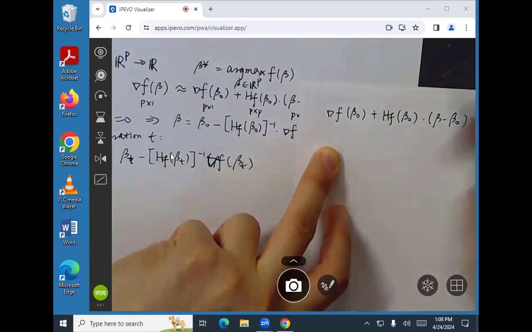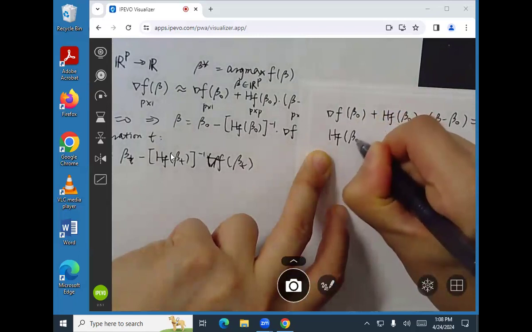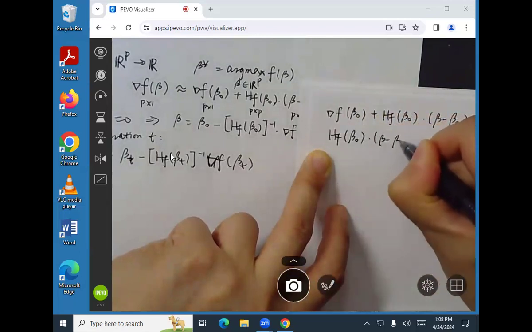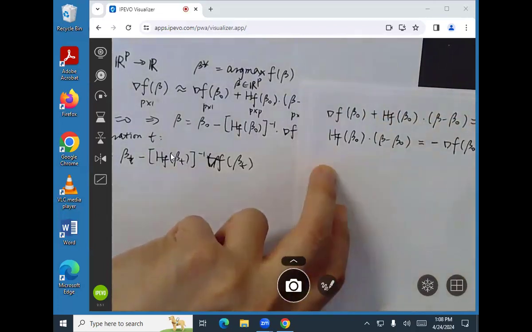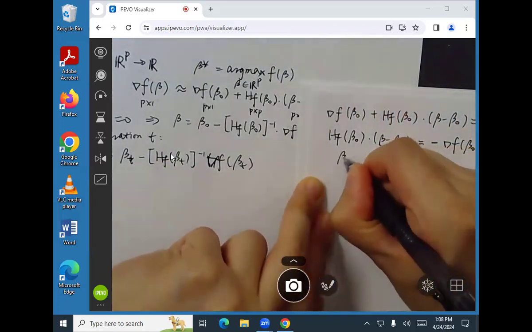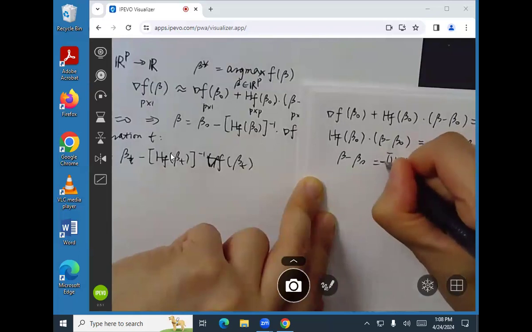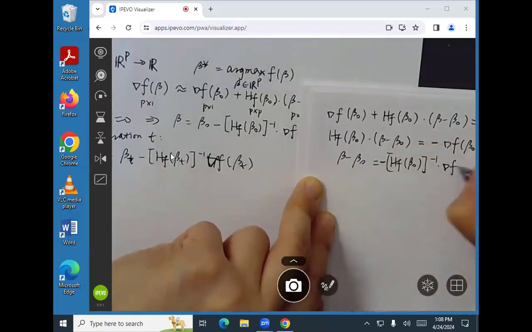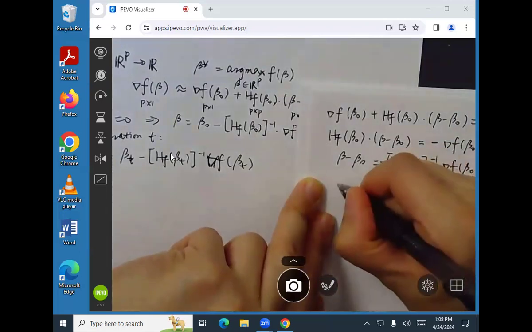It's algebra. We move the gradient to the other side, so then we have the Hessian of f at beta 0 times beta minus beta 0 equals negative gradient at beta 0, right? And then we multiply the inverse on both sides. So beta minus beta 0 equals the negative inverse Hessian times the gradient. So we make the negative sign outside. And then we move the beta 0 to the right-hand side.